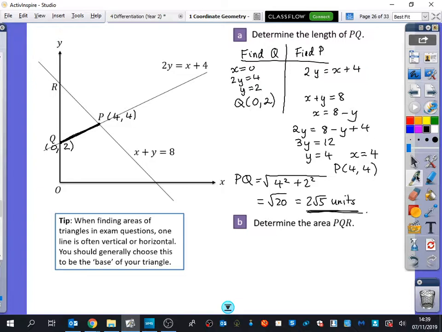Last thing, we're going to try the triangle PQR. So we've got Q and I've boxed it. Finding, trying an example in the question.